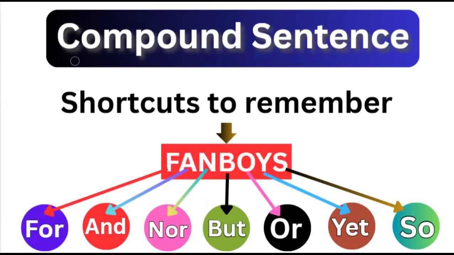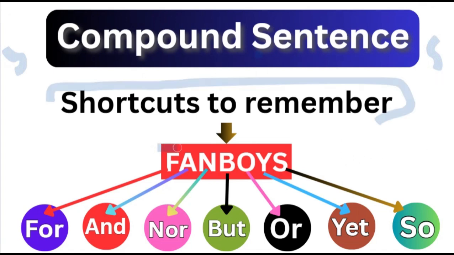Secondly, we have the compound sentence. This type of sentence is formed when we join two or more independent clauses together. How do we connect them? Usually by using coordinating conjunctions. There's a fun shortcut to remember them: FANBOYS. Each letter stands for one coordinating conjunction.